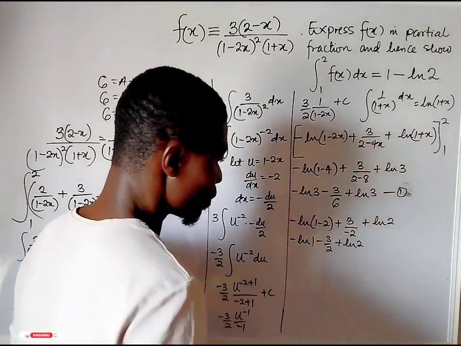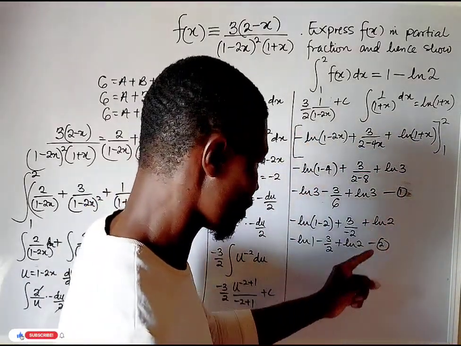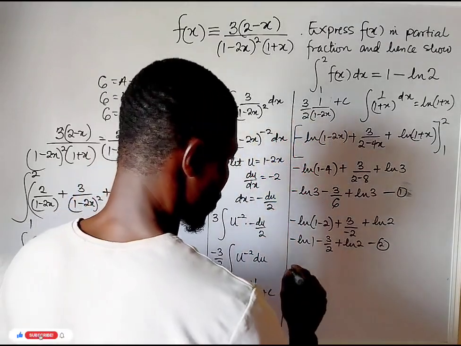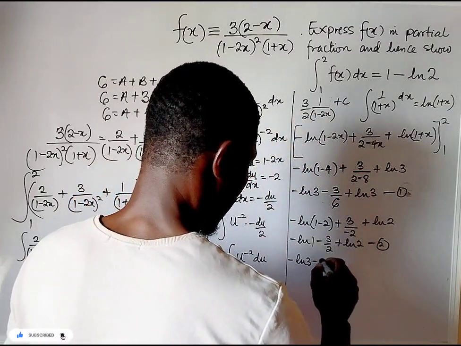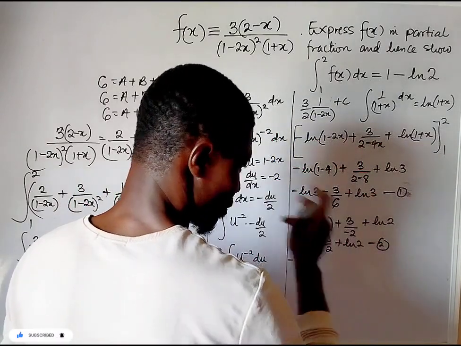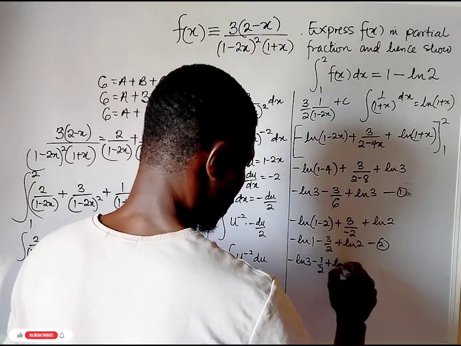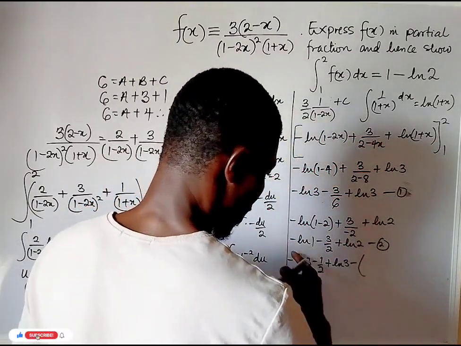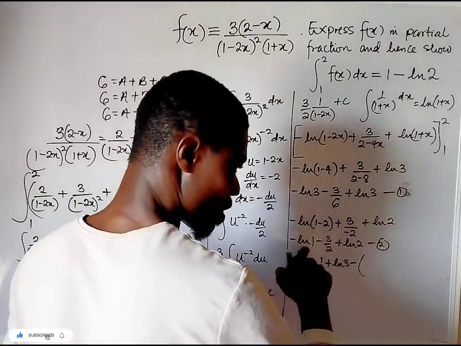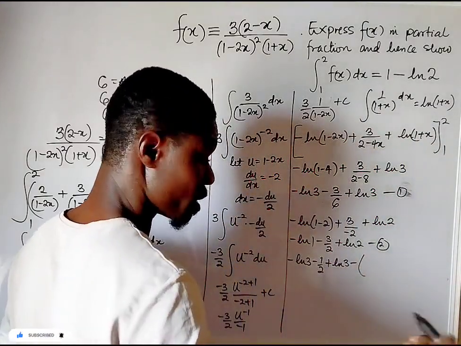Now take note of these two: the whole of this minus this. So we have minus ln 3 minus, reducing this fraction, 1 over 2 plus ln 3, then minus the whole of this one, which becomes 0, ln 1, because log 1 is 0.